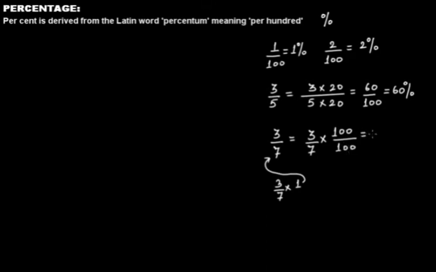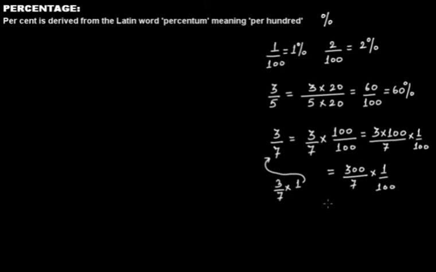And if we write it in this way, 3 over 100 divided by 7 times 1 over 100, can we do this? Yes. Now, if you solve it, this is 300 over 7 multiplied by 1 over 100.